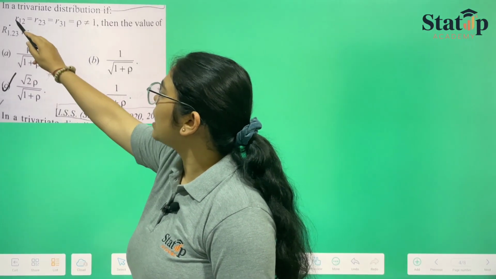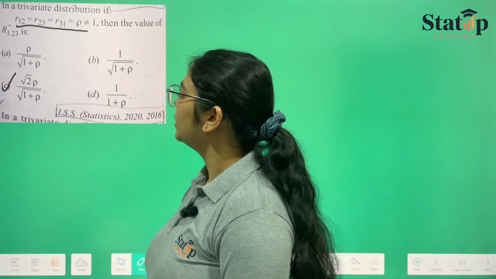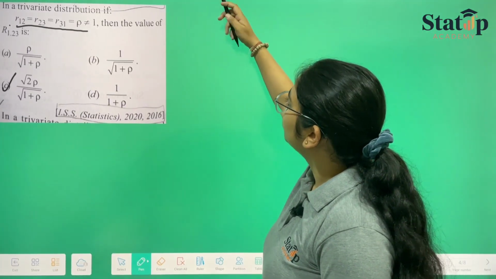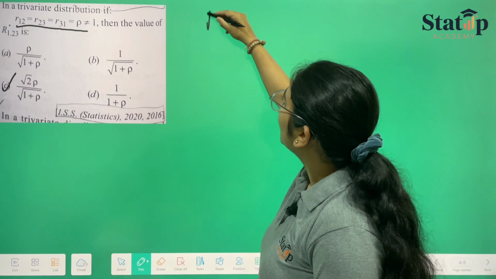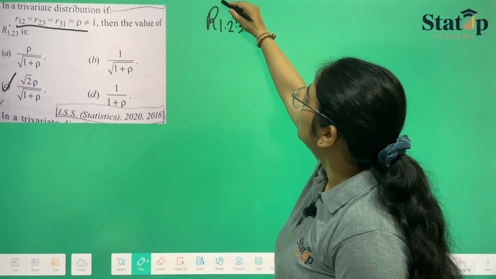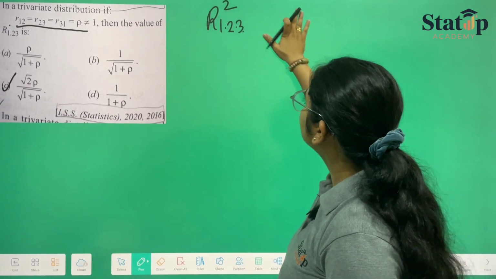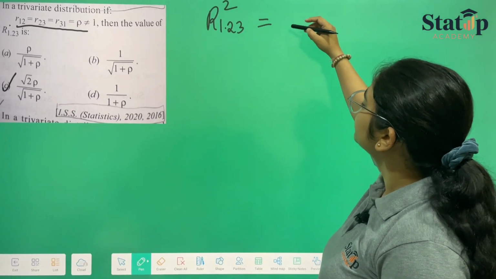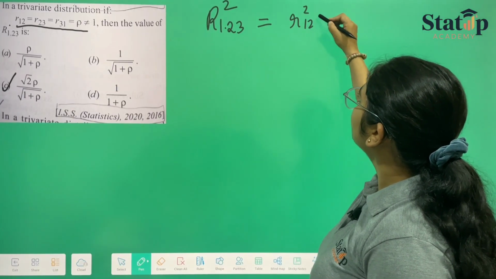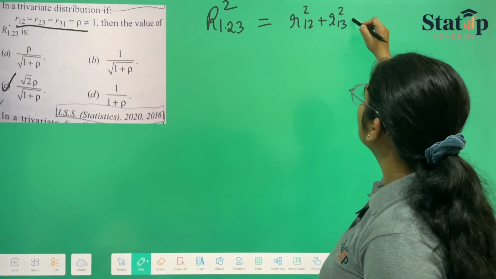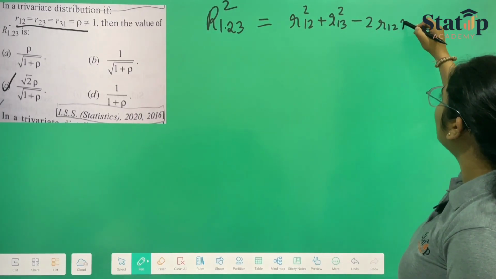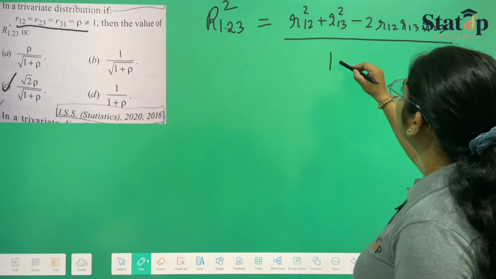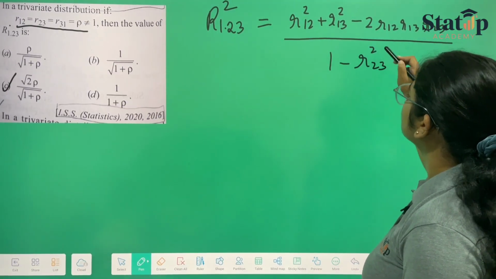So they have given us R12, R23 and R13 are equal to rho. We are not writing that again. Instead, we will just see the formula. The formula is R1.23 whole square is equal to R12 square plus R13 square minus 2 R12 R13 R23 upon 1 minus R23 whole square.